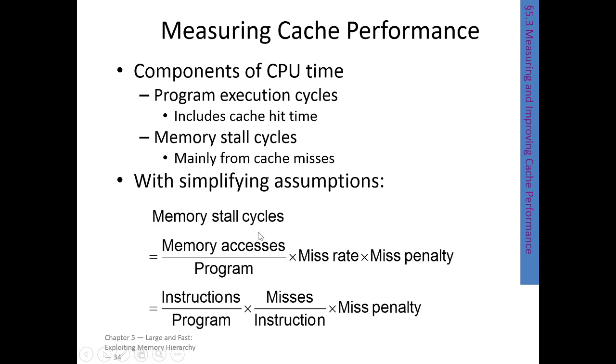We can create some formulas for memory stall cycles, based on memory accesses per program, the miss rate, and the miss penalty. So we can find out what the cost is going to be, how many cycles we have to stall due to memory when we have a miss. Again, this is worst case, so this is not a hit, it's a miss. We've talked about all of this: the miss penalty, the miss rate, and memory accesses per program.